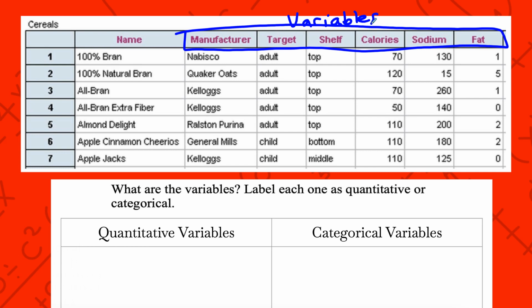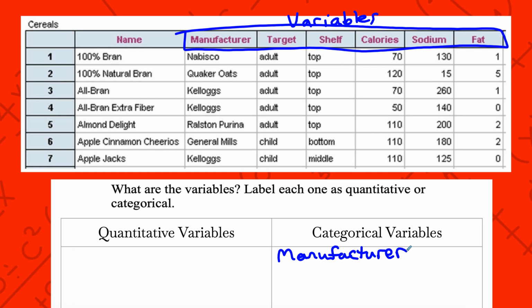So the first one is manufacturer. You can see that the answers to that are like Nabisco, Quaker Oats, Kellogg's, General Mills, et cetera, et cetera. What that means is none of those answers are a number. So I'm going to put that over with categorical. I'm going to put manufacturer, and the manufacturer is going to go over with categorical.